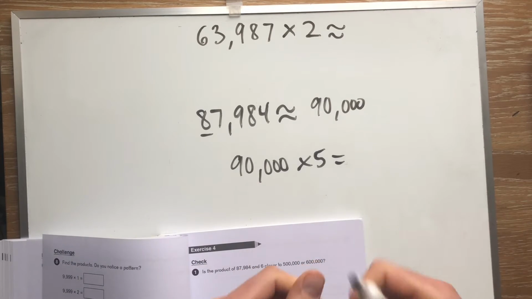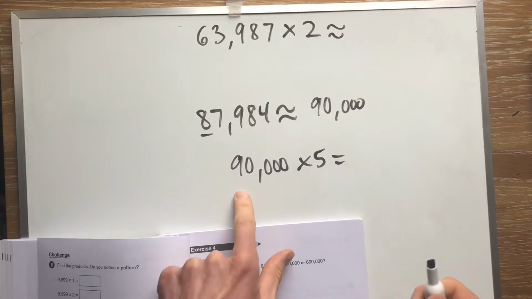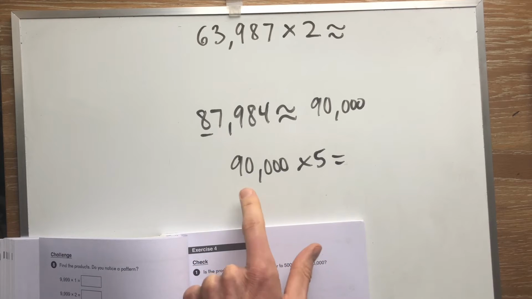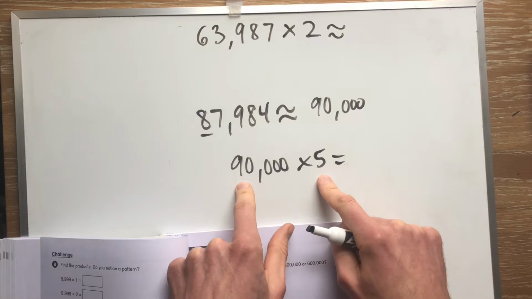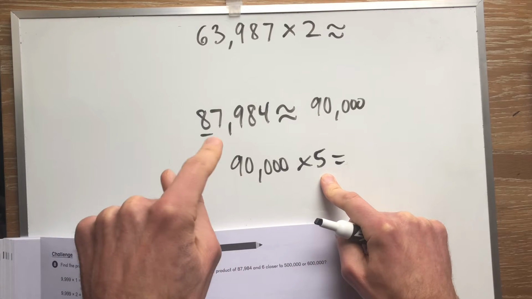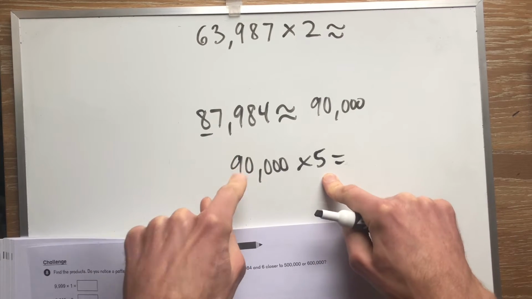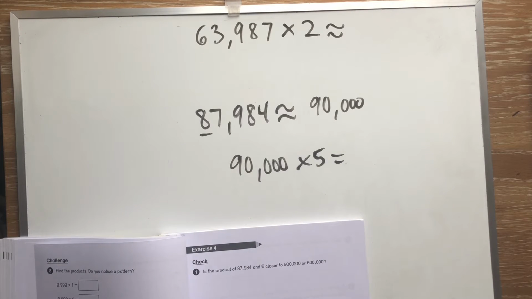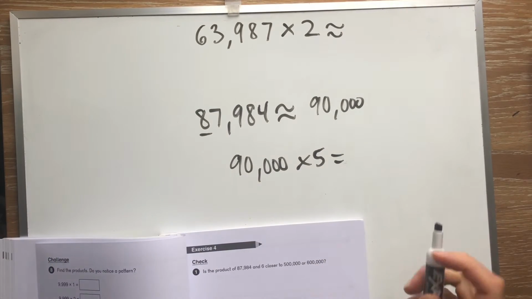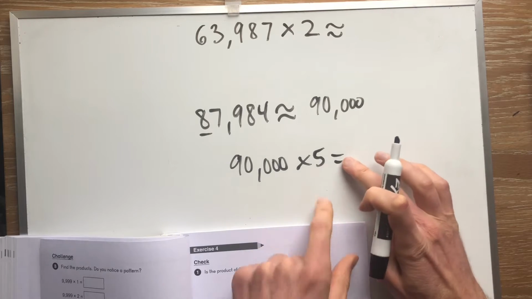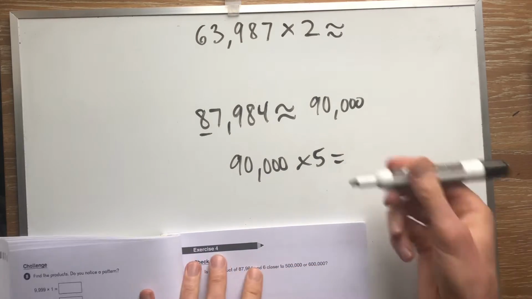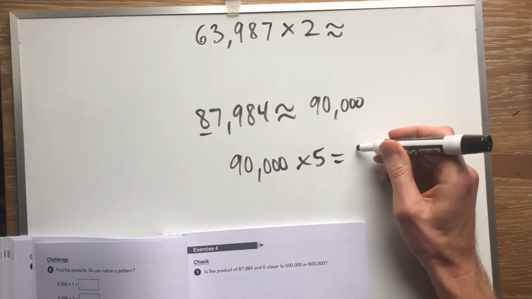It's like if you had a $10,000 bill and you had 9 of them. First I need to think about the numbers I see. I see 9 and 5. What's 9 times 5? Hopefully you know that by now. If not, check your multiplication table. 9 times 5 is 45. I just know that because I've been working on my multiplication table, and hopefully you have too.